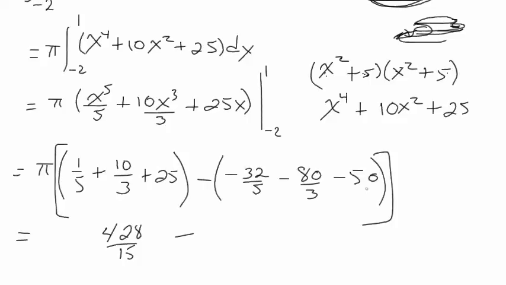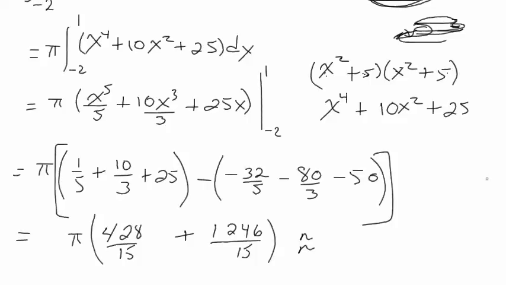Alright. And so this ends up being plus, because this is a minus and minus is plus. So I'm getting 1246 over 15. And of course, remember, we want to multiply all this by pi. And we're approximating it to 2 decimal places.